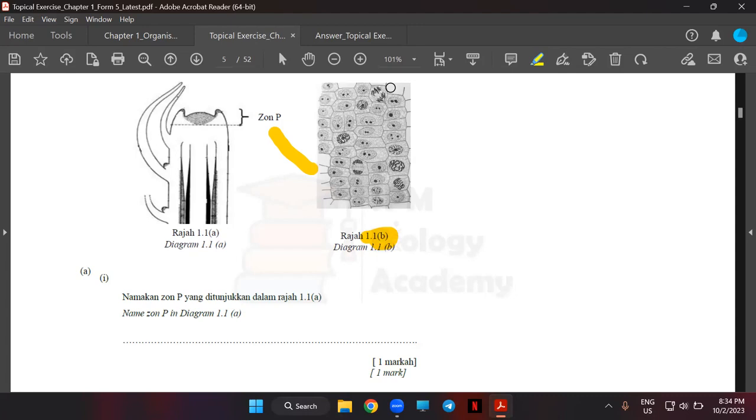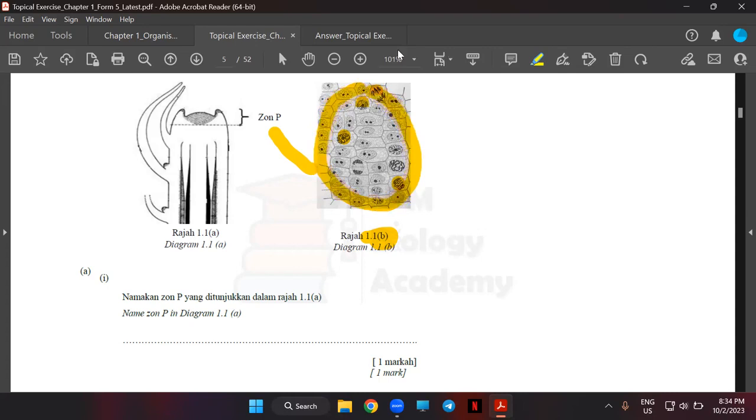I think you know very well. You can see here anaphase, interphase, interfasa, anafasa, profasa, beratur tengah-tengah metafasa. Yes or no? So what are we talking about? We are talking about mitosis.